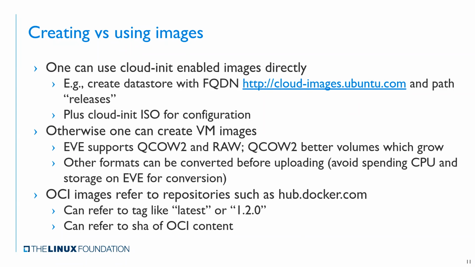The way we've done this when we've tested it is that you create a data store that points at the cloud images for Ubuntu and the releases path, so you have a stable path hopefully. And then, as part of specifying an actual image, you have to figure out the actual SHA and size of that image, and then you can specify that image and add it to the set of images in the controller.